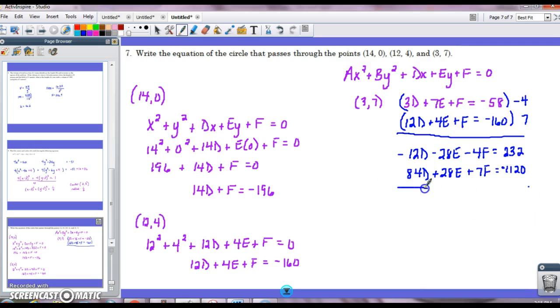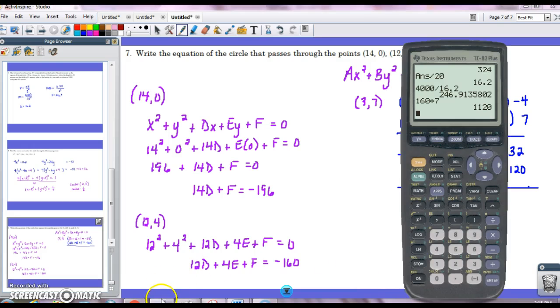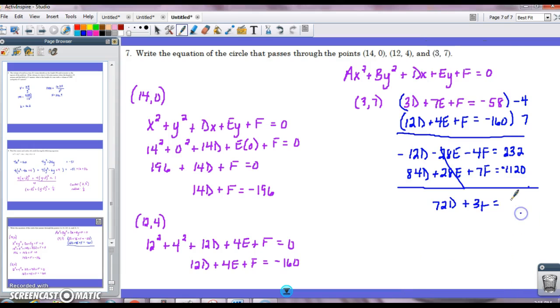Okay, and so now when I combine, my e's cancel, so that leaves me with 72d plus 3f is equal to 1120 minus 232, which gives me 888.